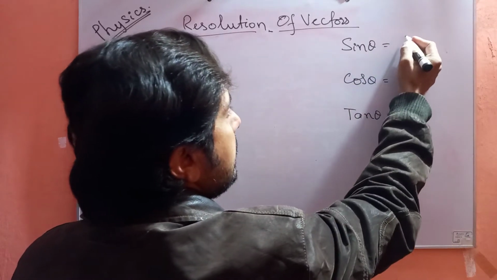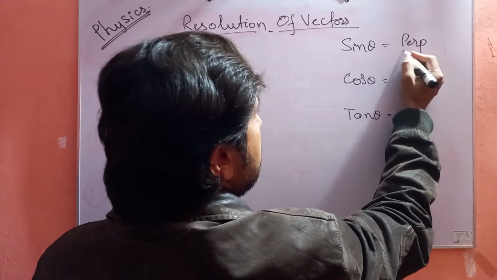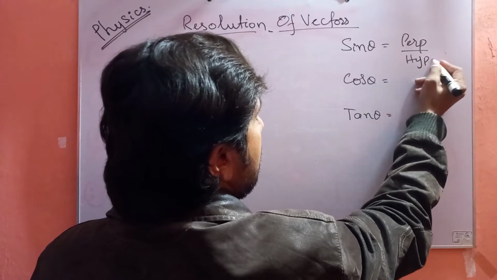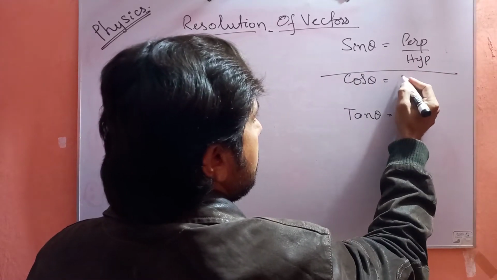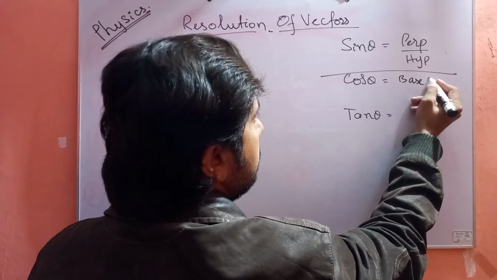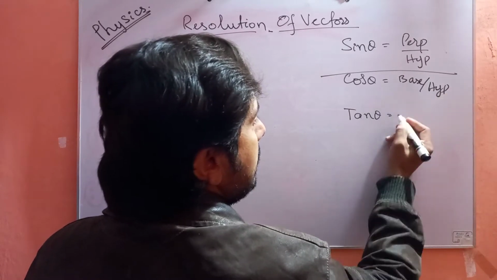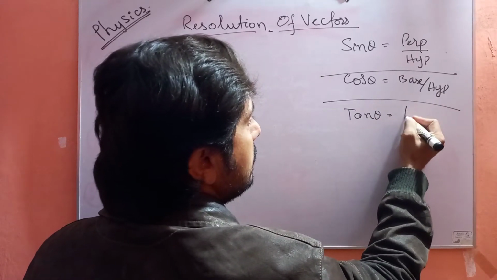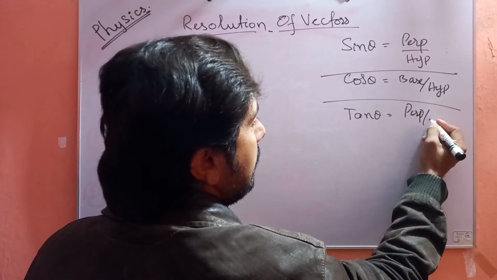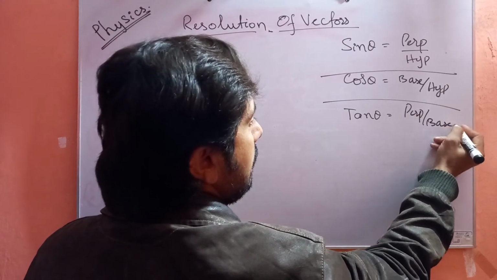Now, sine theta is always equal to perpendicular upon hypotenuse. Cosine theta is always equal to base upon hypotenuse, and tangent is always equal to perpendicular upon base.